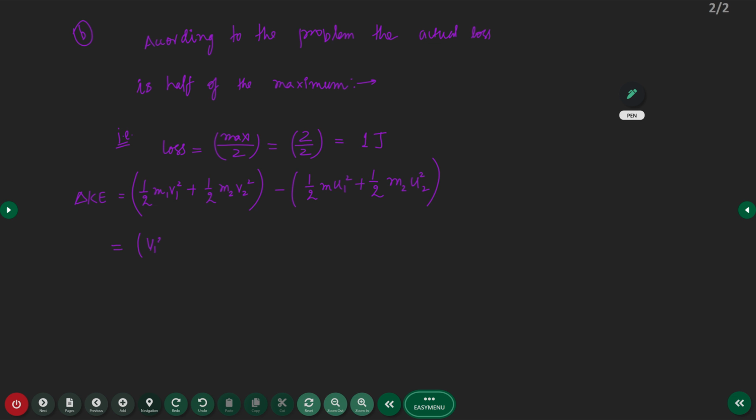So remaining will be V1 square plus V2 square minus u1 square plus u2 square. But u2 was 0. Hence it can be written as V1 square plus V2 square minus u1 square, and this is given 1 joule, right? Now u1 was given 2. So V1 square plus V2 square.